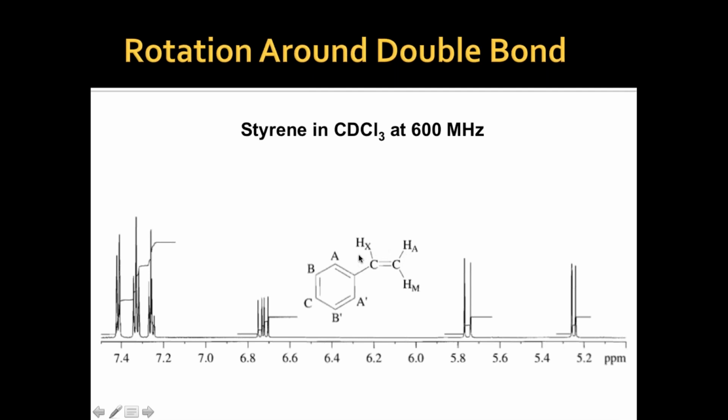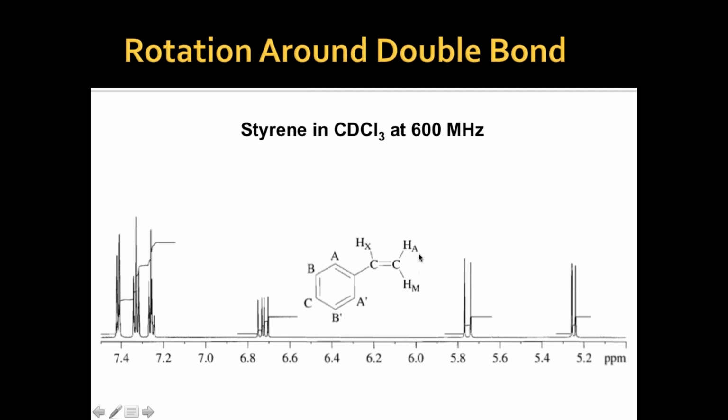HX is under the influence of HA as well as HM, so it will be a doublet of doublet. You can see here 4 peaks, 1, 2, 3, 4. Actually, this is not a quartet because the intensities of all the peaks are almost the same. They are not a quartet. They are a doublet of doublet.